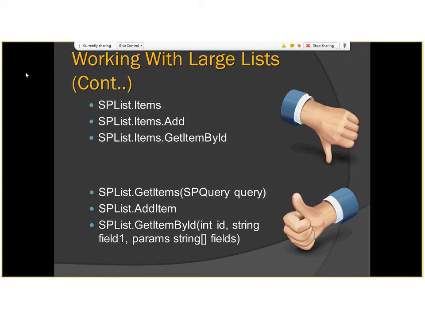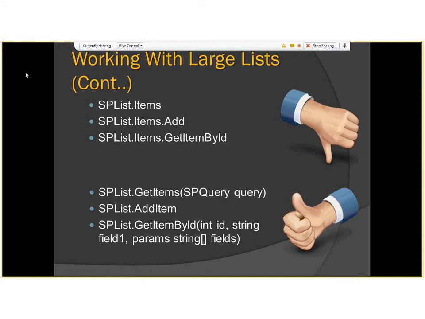Again, in the above example, I'm loading the item object. In the later example, I am not loading the item objects. I'm taking the single item. And you can even notice that I'm giving the field parameters.